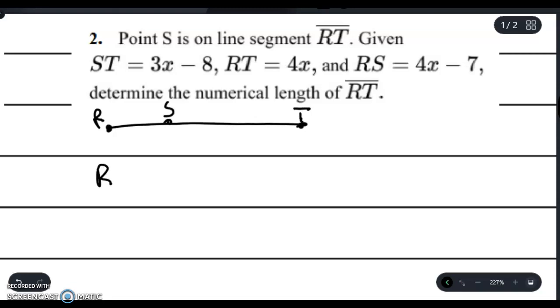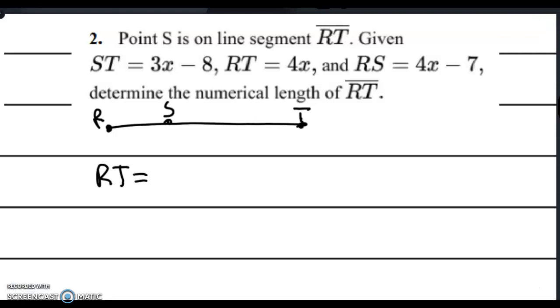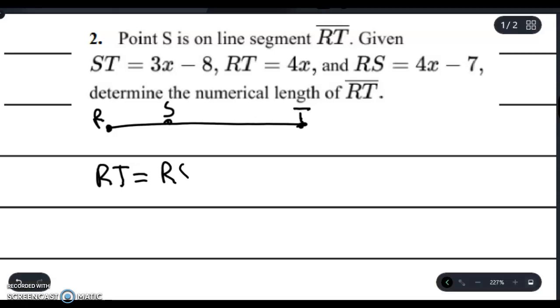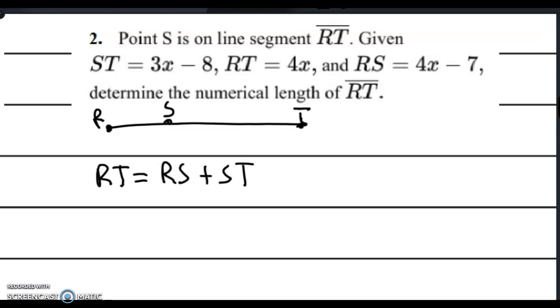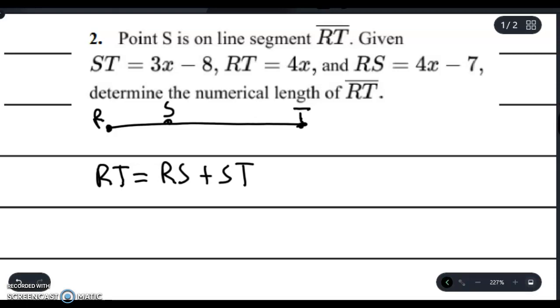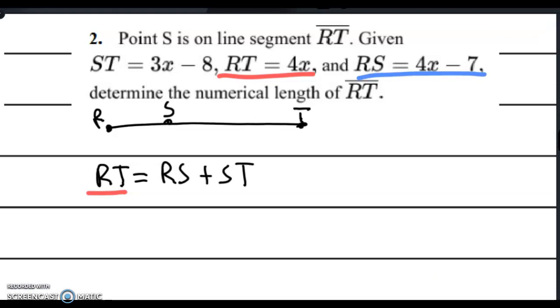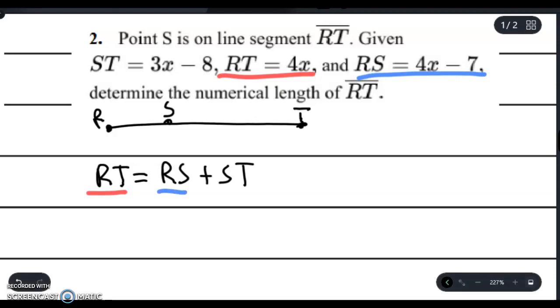So RT is equal to RS plus ST. Just remember, you have RT, RS, and ST. We'll plug those in.